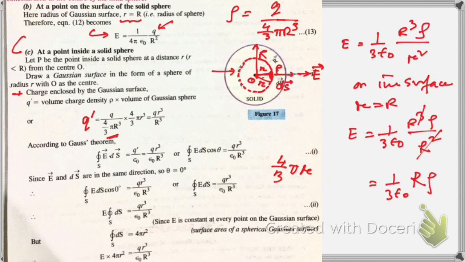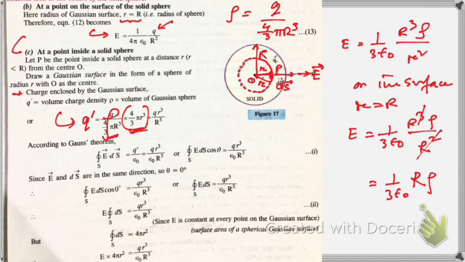So as I have told you, charge density rho into the volume of the Gaussian surface gives the charge enclosed by the Gaussian surface.